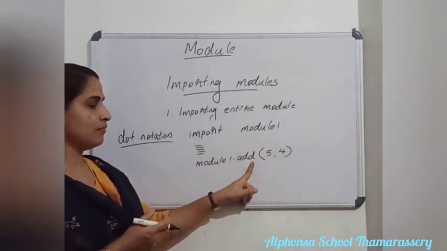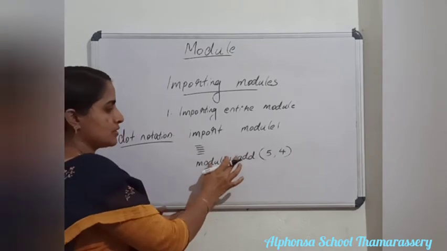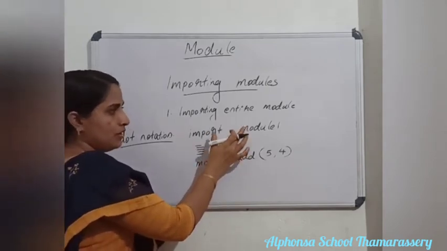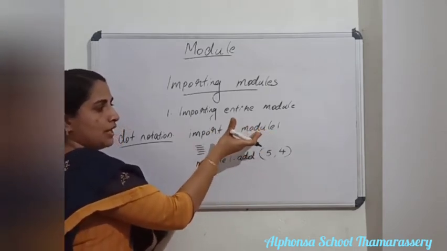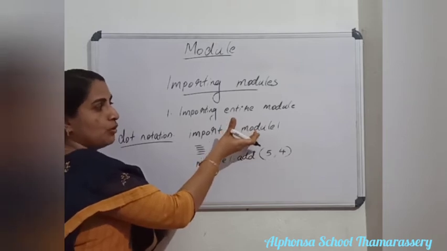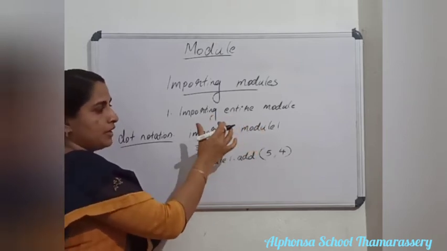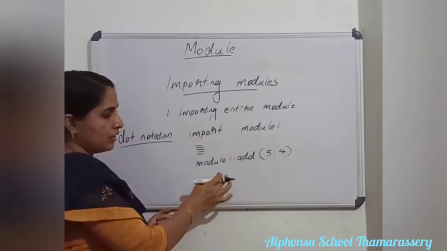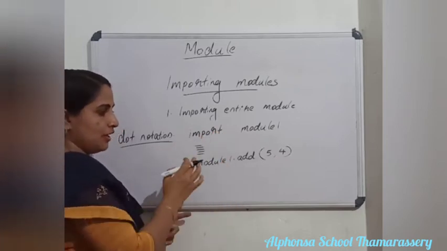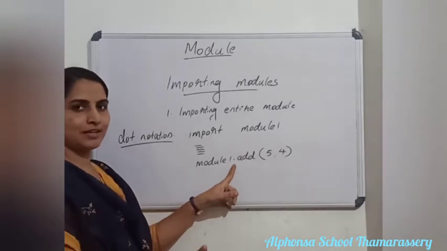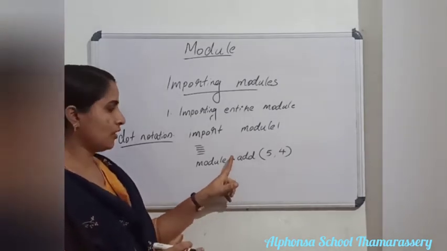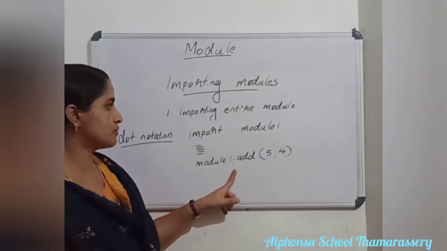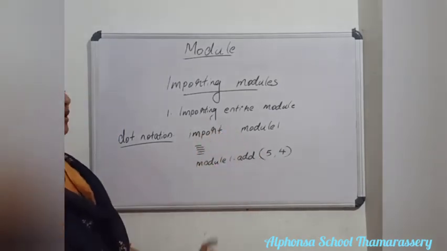Because when I am using this import statement here, all the elements of module1 can be available here in this present program. The usage of this dot is very important, that we will see in the next section, namespace section. Anyway, this is a must. So this way we are specifying the elements of a module.